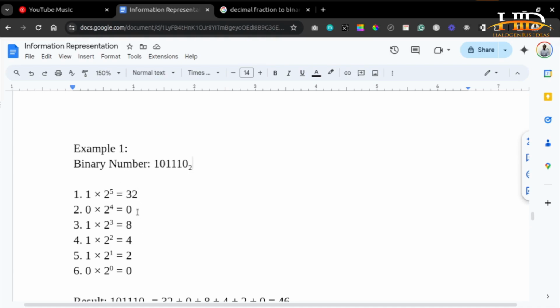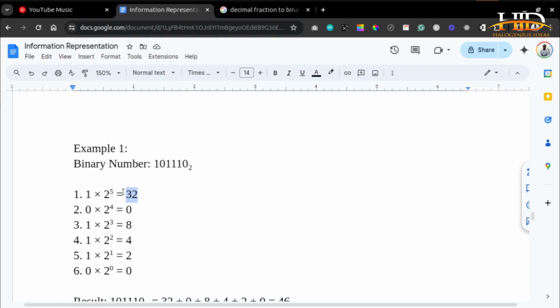The first thing you want to do is to line up all these numbers like this. Then you're going to be multiplying by 2 raised to power 0, 2 raised to power 1, 2 raised to power 2, 2 raised to the power of 3, 4, and 5.